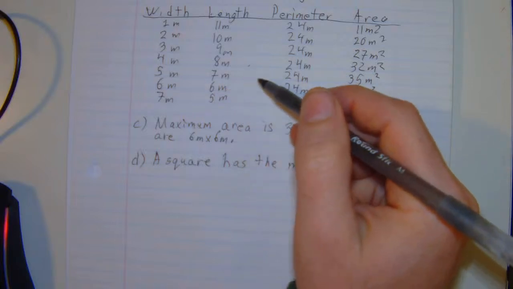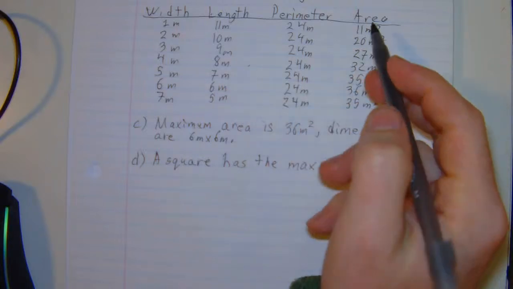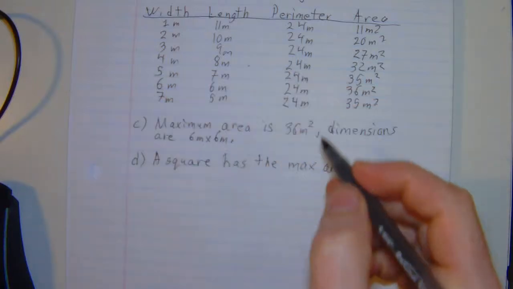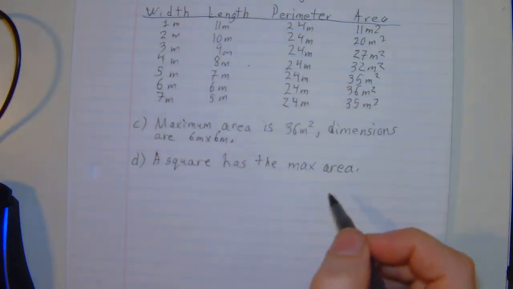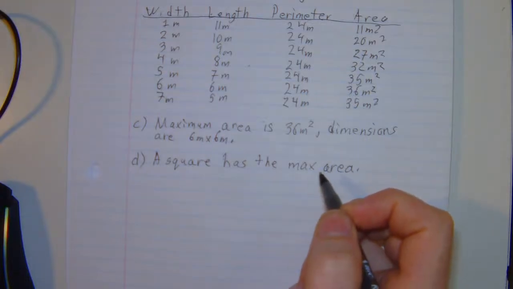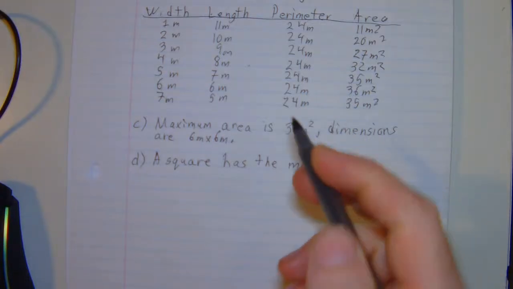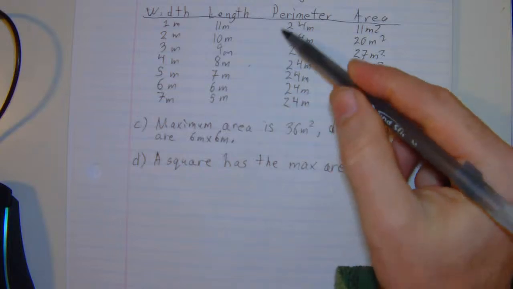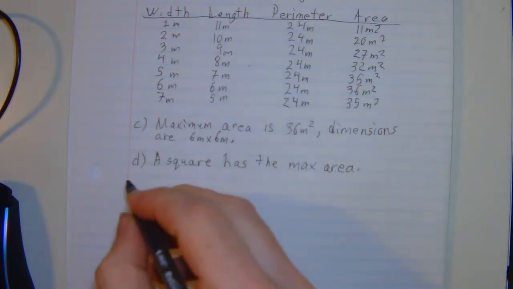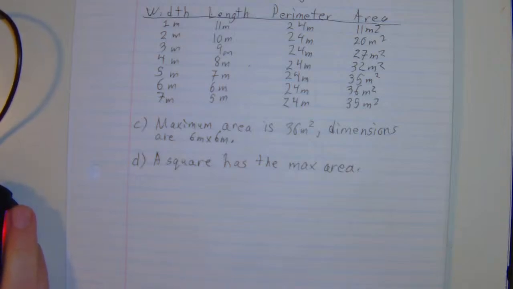And if you multiply those together, you'll see that you get a larger area than any of the others anyway. So you're welcome to try this out. But the rule that we're going to follow is that a square is always the rectangle with maximum area for a given perimeter, right? So if all the rectangles have the same perimeter, the one that's a square will have the most area. All right.